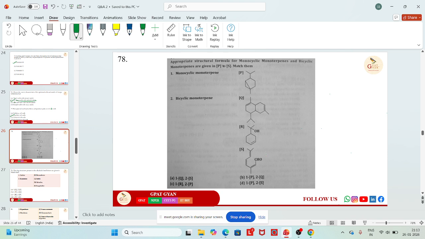Only one monocyclic monoterpene is present here. Which one? R. This is one bicyclic compound. This is one and this is another one. Two cyclic structures. You see the atropine? Atropine is also a bicyclic ring. I think you have gone through the nomenclatures well for the bicyclo ring systems. This is one bicycle. Understood?